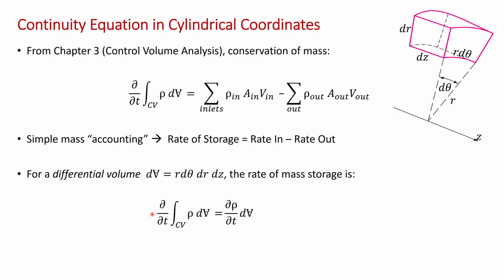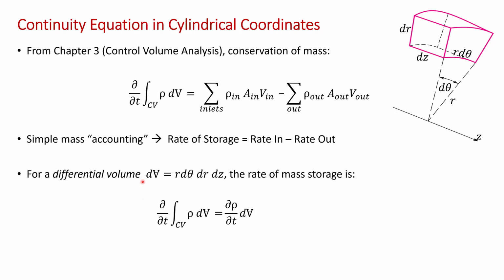For a finite-sized control volume, you have that d/dt of the integral of rho dV is the mass storage term. However, in our problem, we have a differential volume which will ultimately shrink to a point in space. Recall that a differential equation applies at a point, so there's really no volume to integrate over, and this term simply becomes ∂rho/∂t dV.